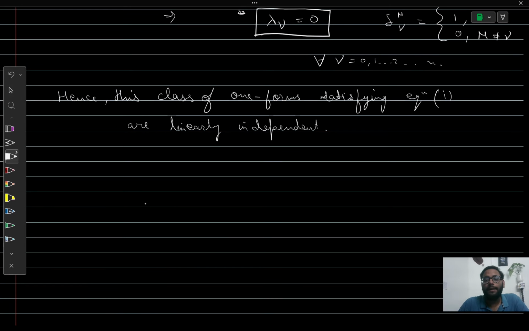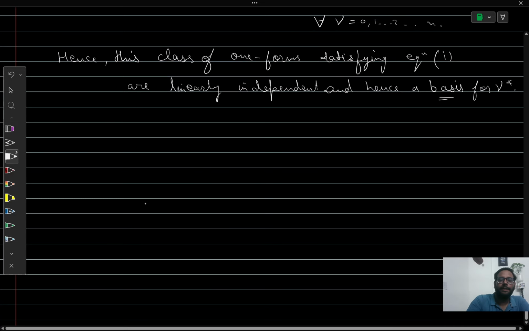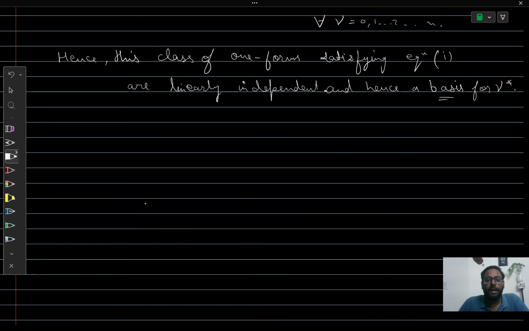So we found that this class is actually linearly independent, and hence the class of these one forms constitutes a basis for this dual space, because they are all linearly independent. All linearly independent vectors do form a basis for any vector space.